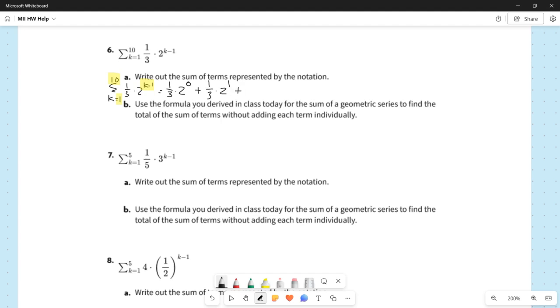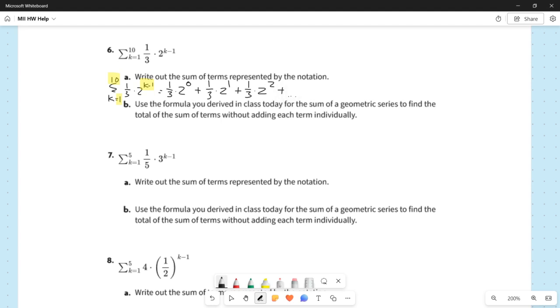Let's keep going. We're going to add 1/3 times 2. We started with 1, then we did 2. Our next k value is 3. I plug in a 3, I get 3 minus 1, which is 2. And I keep going.